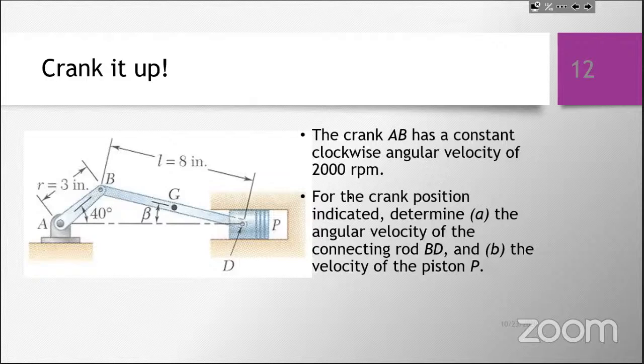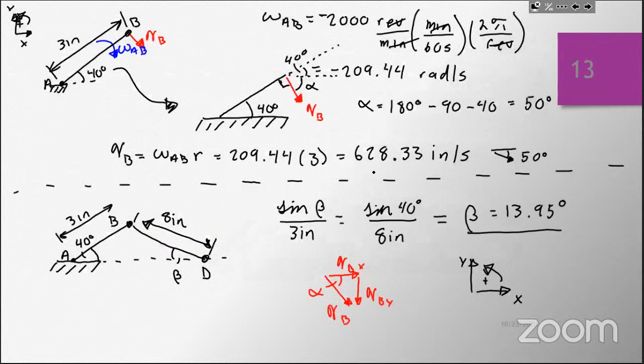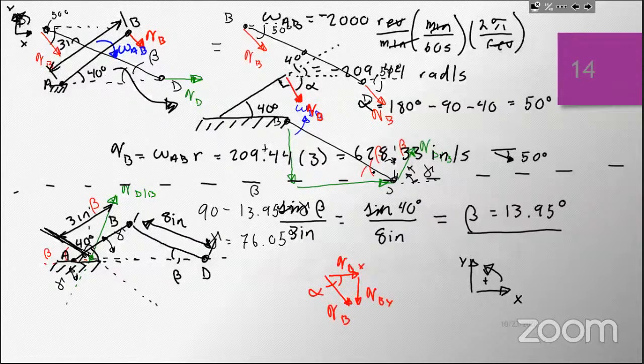Point D is attached to this piston, so point D cannot move out of that housing. It is constrained to move in a line, so the velocity of point D is equal to the velocity of the piston, because point D is a point on the piston P, which is also a rigid body. So that's why we have 0J there.